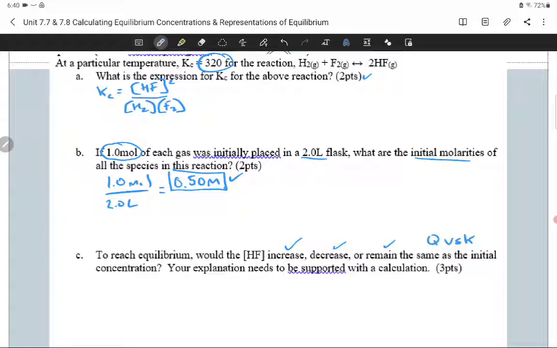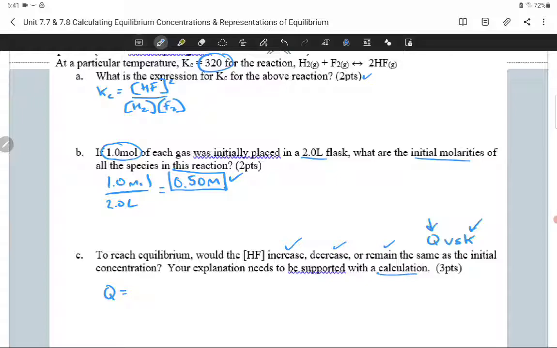So Q and K, same exact setup for mathematics, just that K uses equilibrium numbers and Q uses initial numbers. So it says support with a calculation. We're gonna support it with a Q calculation. So we're gonna just look at our expression in part A. Yes, it says K equals, but we're gonna do Q equals.